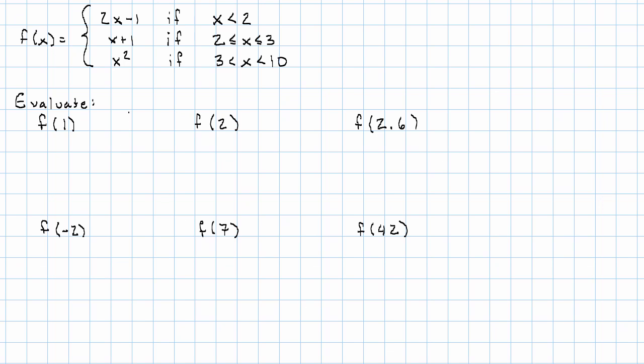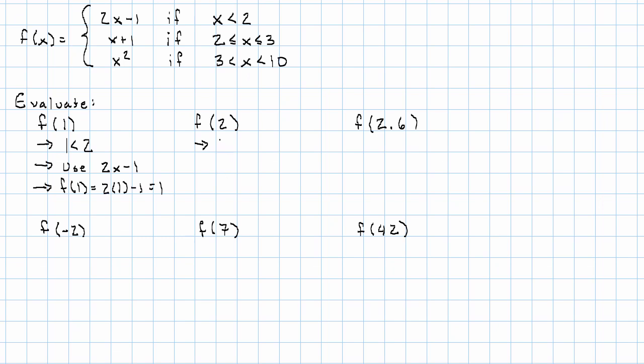Okay, so the first thing that we do with each number is see which inequality it makes true. For this first example, we see that, well, 1 is less than 2. So we'll use the first rule. So f of 1 is 2 times 1 minus 1 equals 1. How about 2?